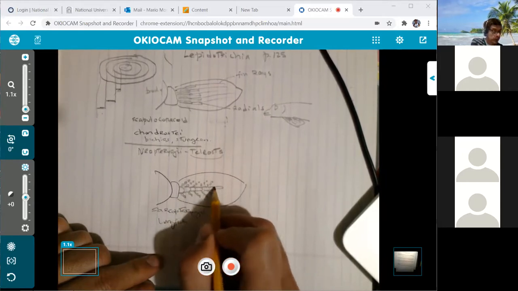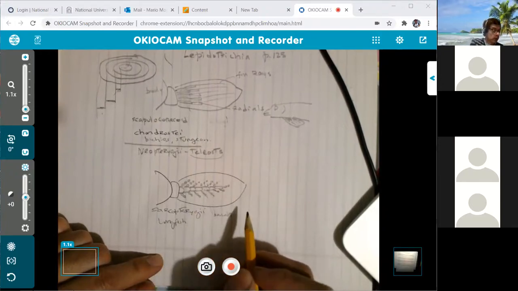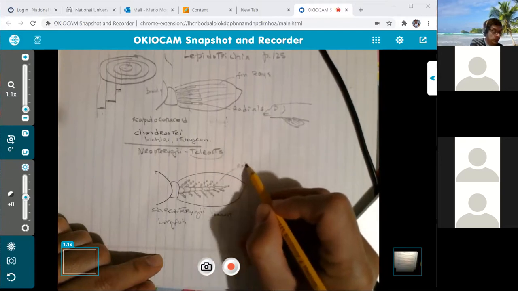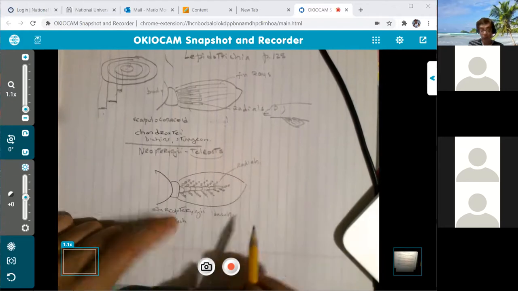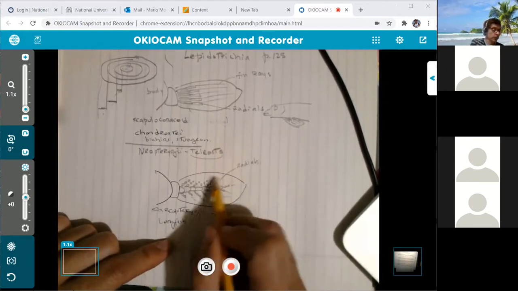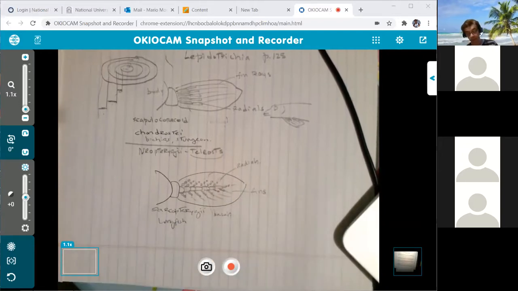I'm drawing 3 just for space, and on the front here. So those are the radials. Then from that, then you have the fins.